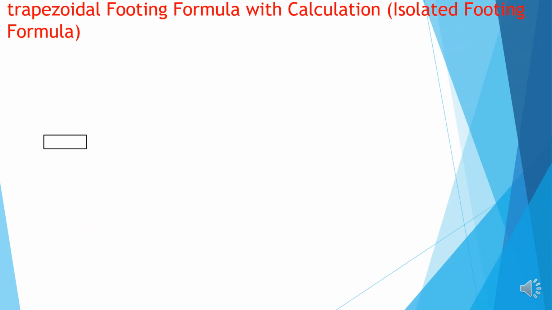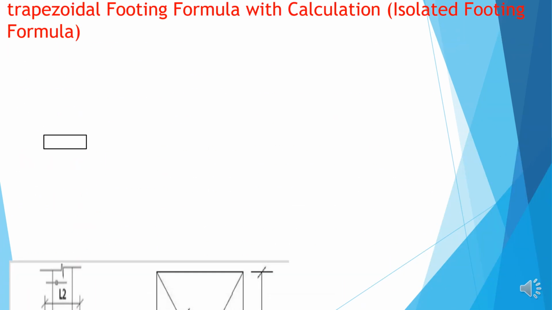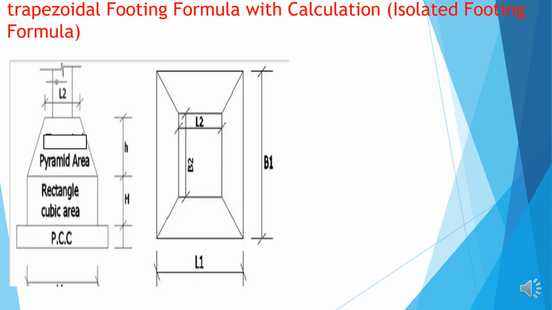Now, let us talk about how to calculate the concreting volume. See, in the footings, this is a footing, this is L1, this is B1, this is L2, this is B2. L1 is the bottom length, B1 is the bottom width.